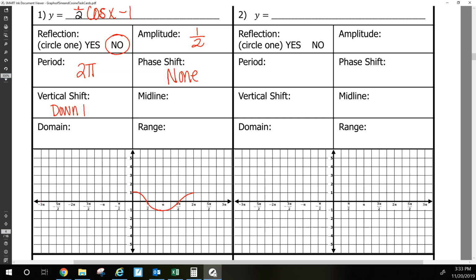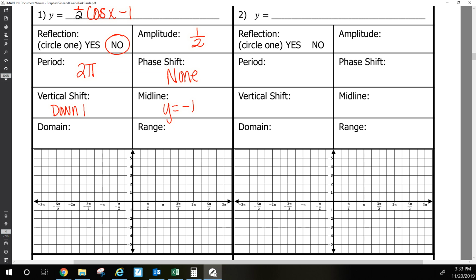And the midline for our regular cosine function is y equals 0, right there on the x-axis. But as we have a vertical shift down 1, that means the midline of my function is going to shift down to -1. So my midline is not going to be at 0, it shifts with the vertical shift down to -1. It does not shift with a phase shift, just with vertical shifts.